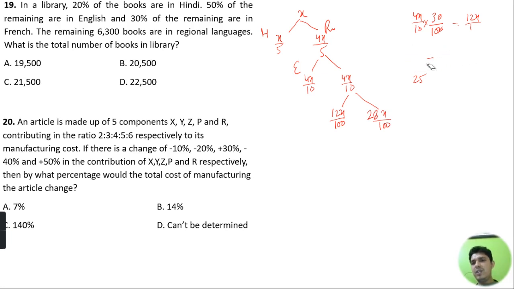This should be 28x divided by 100, and this should be equal to 6300.